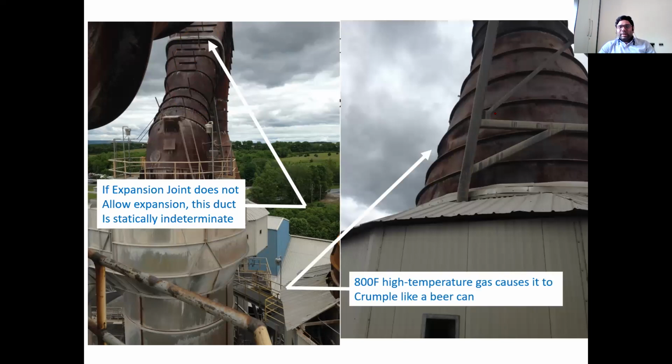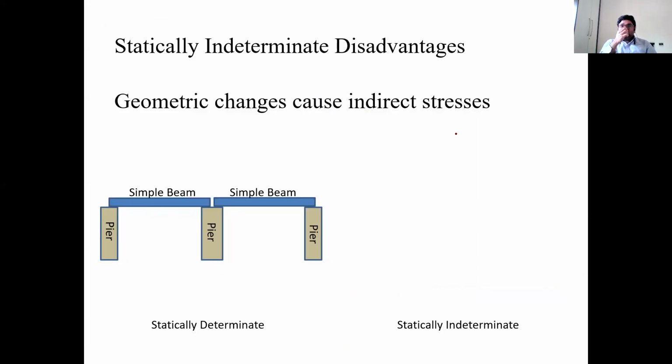But if it is subjected to 800-degree high temperature, it will crumple, compressing completely, like a water bottle or a beer can or a Sprite can. Normally the Sprite and Pepsi, we have it in cans. After you drink the entire cool drink, if you try to compress it, it will crumple. So that is the behavior under heating. This is actually under the 800-degree temperature. So this is one example.